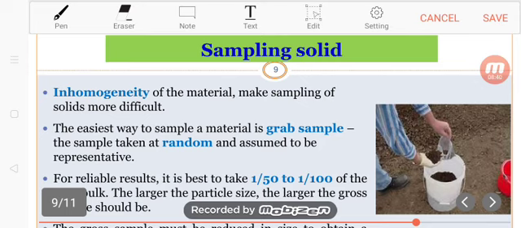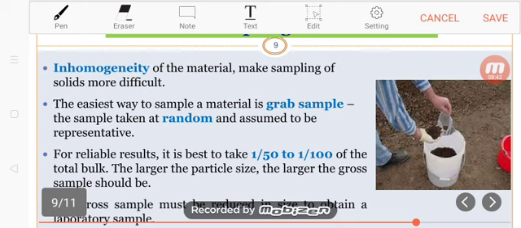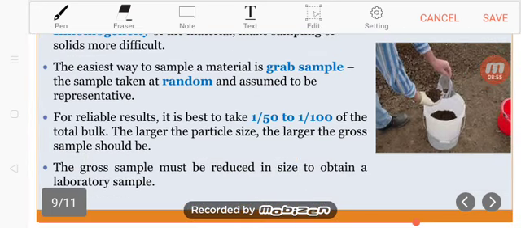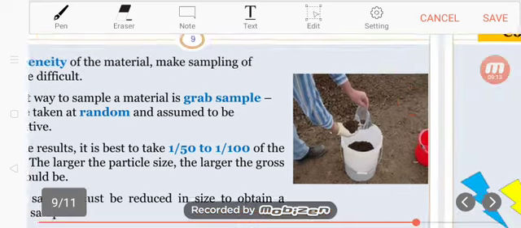The easiest way to sample material is by using the grab sample. Not a Grab food, not a Grab car, grab sample. The sample is taken at random and assumed to be representative. For reliable results, it is best to take 1/50 to 1/100 of the total bulk. The larger the particle, the larger the gross sample should be. The gross sample must be reduced in size to obtain a laboratory sample.